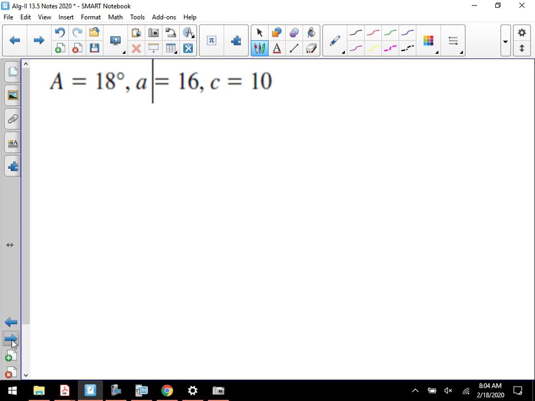Once again, draw it through. Again, what do you have to solve for?